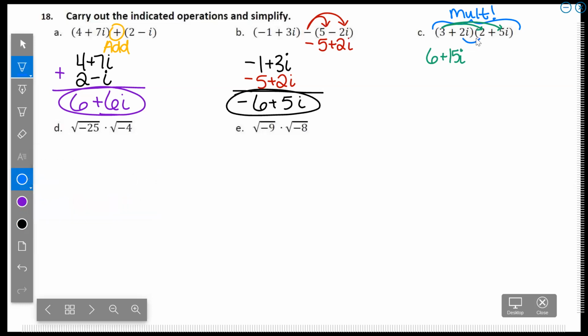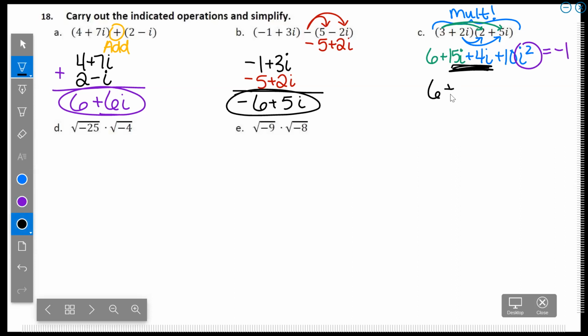Then I take 2i and I distribute it to the 2. So plus 4i. 2i times 5i would be 10i squared. Do I have any like terms that I can combine together? 15i and 4i. There's something else that I notice, and it's this i squared. i squared is the same thing as what? Negative 1.